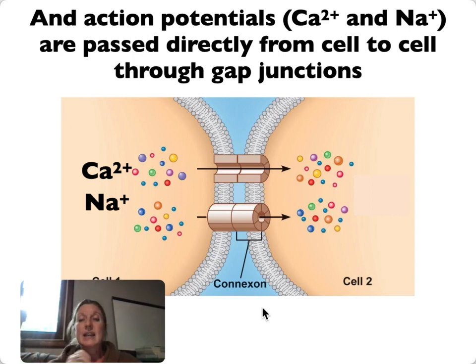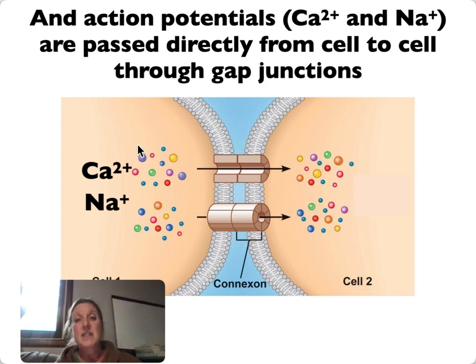The other thing is that action potentials, which is really just calcium and sodium showing up inside the cell, are passed directly from one cell to the next through gap junctions. Instead of having a neuron release a neurotransmitter and get to a ligand-gated channel that starts a local potential, then an action potential, we don't have time for that in the heart.